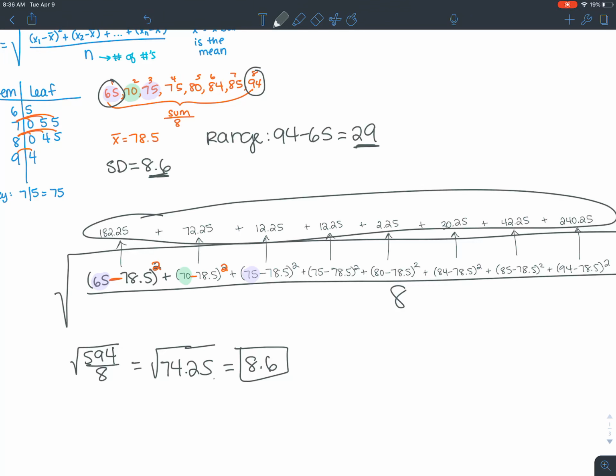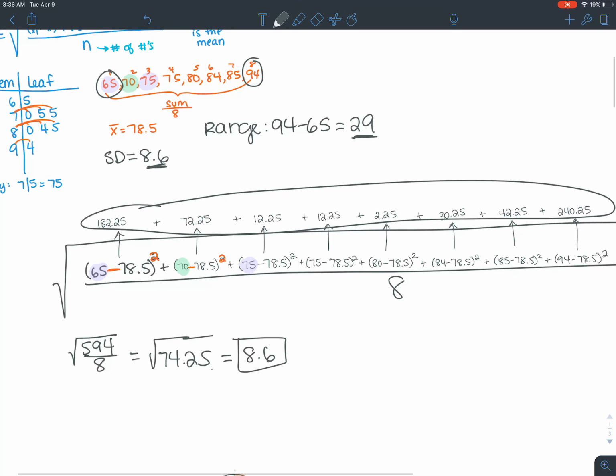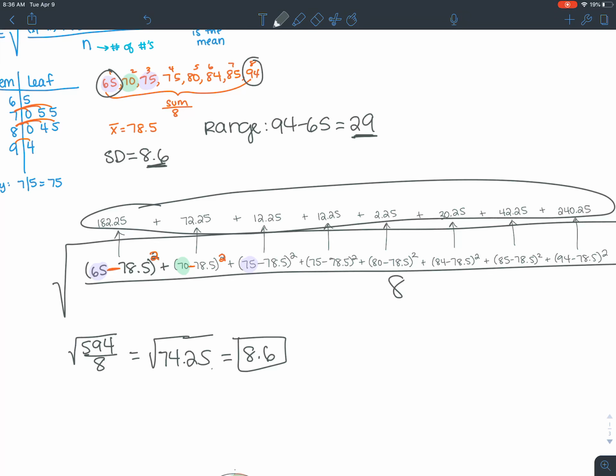There's this thing called the normal curve, and when we include standard deviations, we can find ways to get a smaller range that doesn't necessarily include all of the numbers.